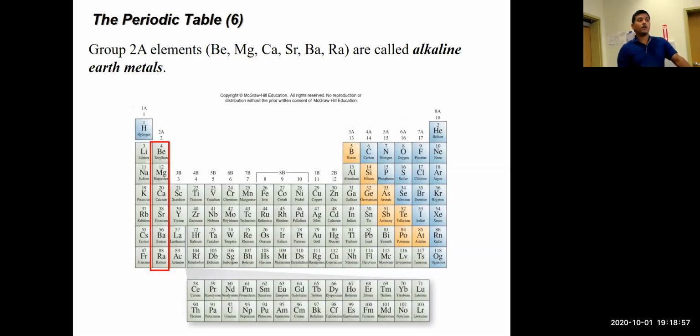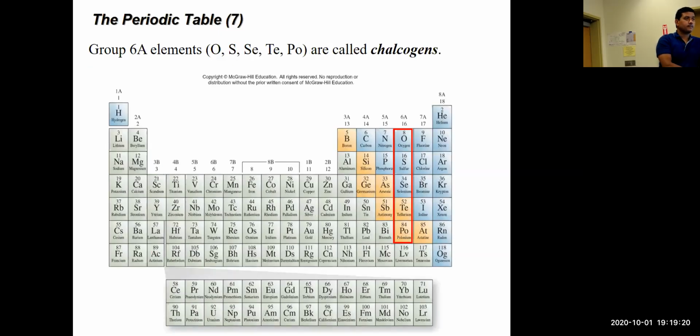The group 2 elements are named alkaline earth metals. Those are beryllium, magnesium, calcium, strontium, barium, and radium. These all have similar chemical and physical properties, and alkaline earth metals is their general name.